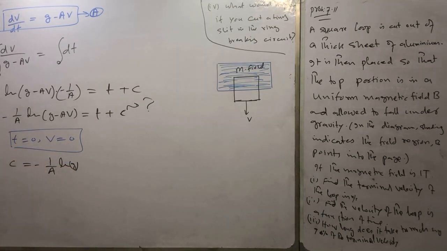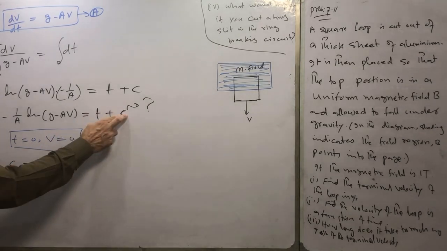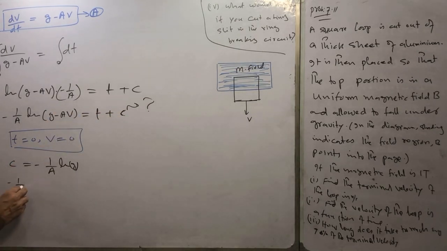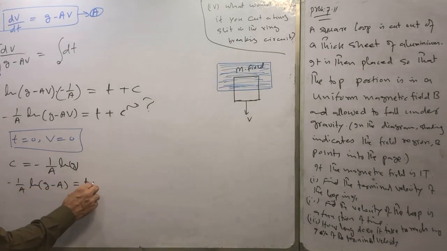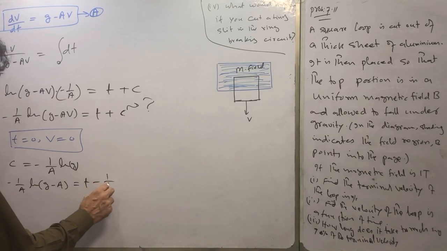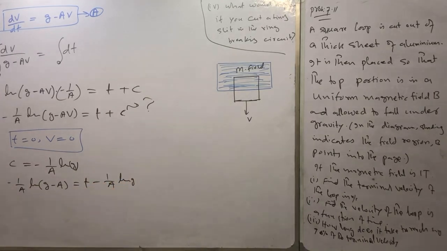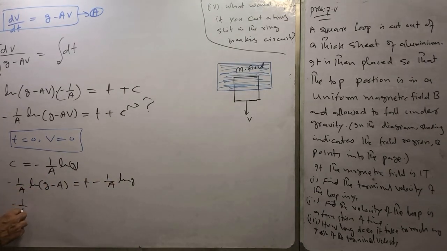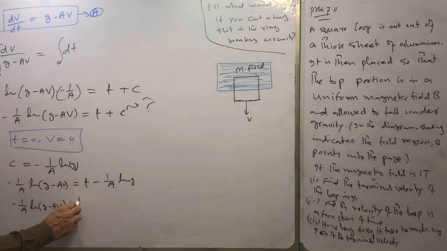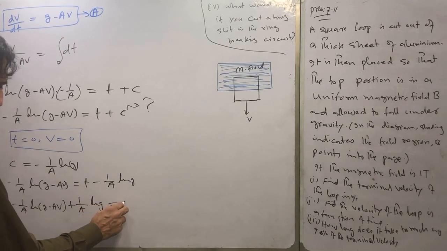Now putting the value of c here, −(1/a) ln(g − av) = t − (1/a) ln g, and then moving terms, (1/a) ln g − (1/a) ln(g − av) = t.